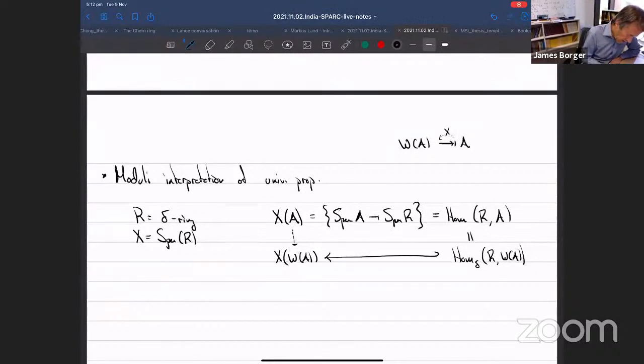Yet because we have a delta structure on R, we can do this. Let me put it this way.